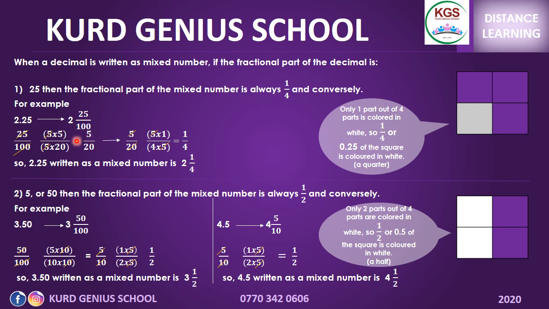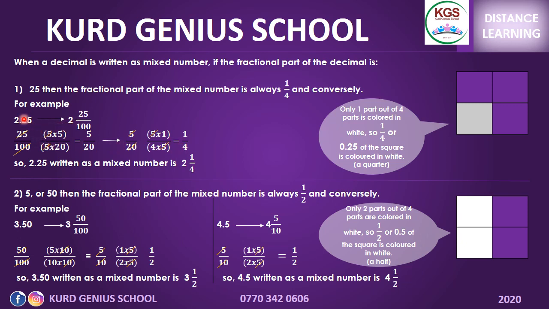Again, we have to simplify this fraction. So 5 times 1 is 5 and 4 times 5 is 20. So these two 5s take away one another and the numerator and the denominator cancel each other as well. Here, only 1 over 4 is left. So you don't have to do this simplification every time.